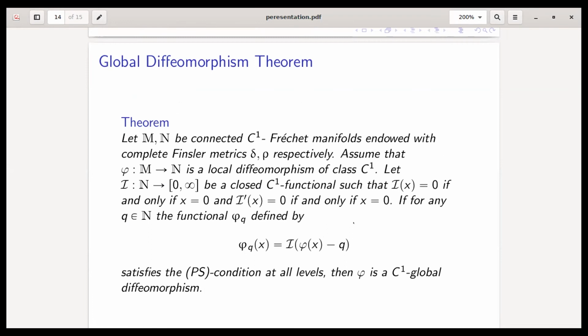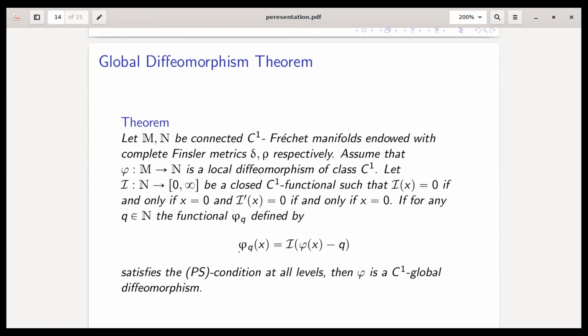Here we provide a sufficient condition: we associate to each local diffeomorphism a certain functional, the functional phi here, and if this functional satisfies the Palais-Smale condition, then the local diffeomorphism is a global one.